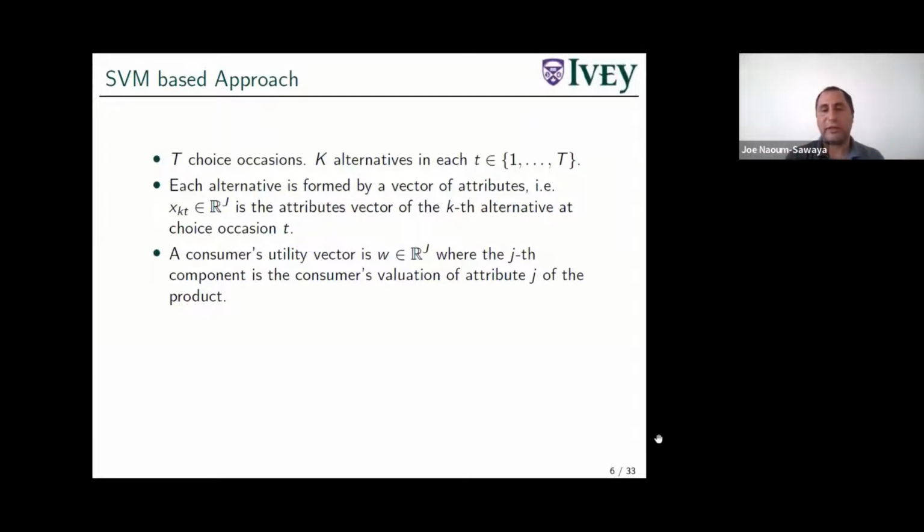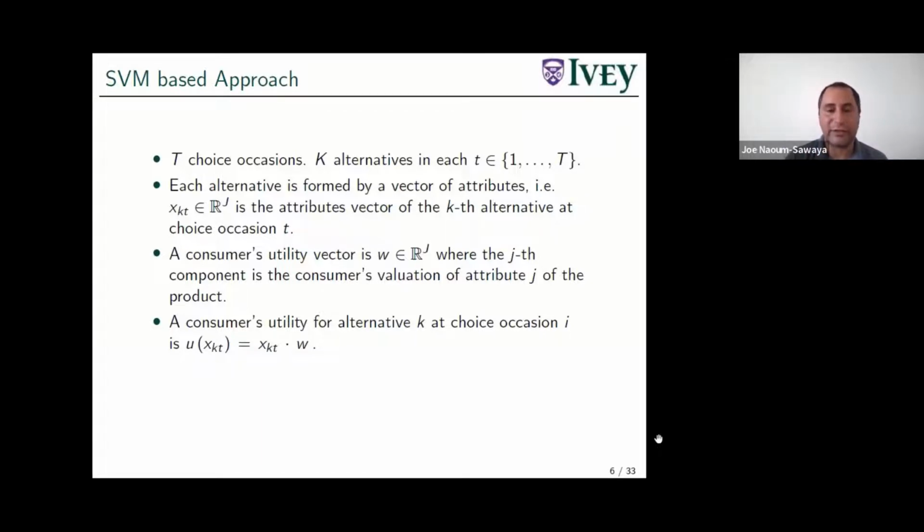Of course, the higher this value of W, the more it indicates that the consumer values this feature more than another feature. So basically, the consumer's utility of a product is just the dot product of W, the consumer's utility vector, multiplied by the features of the product.